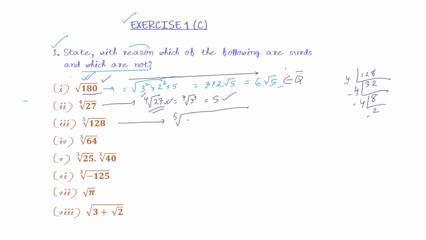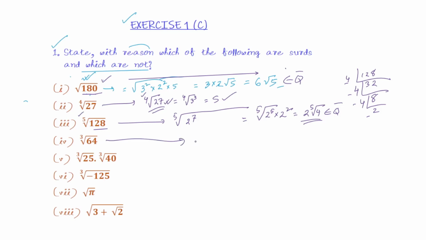So this is equal to 2 to the power 7, and this is equal to fifth root of 2 to the power 5 multiplied by 2 squared, and this is equal to 2 fifth root of 4. So first thing, this is irrational, and here you can see 128 is a positive rational number and 5 is a positive integer. So this is a surd.